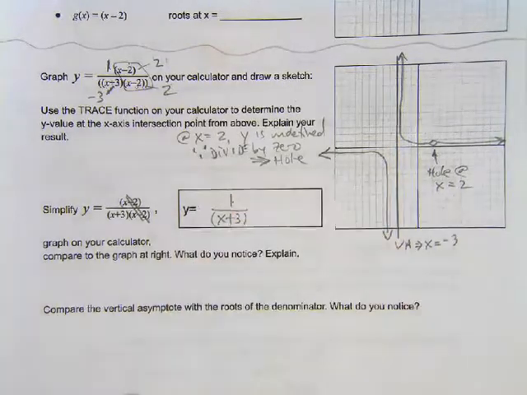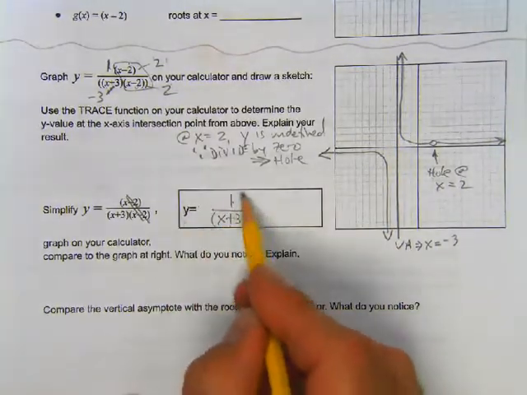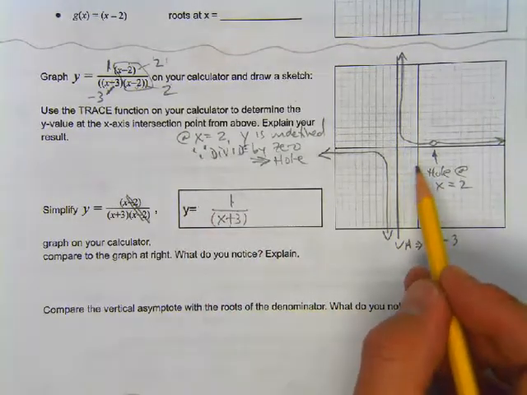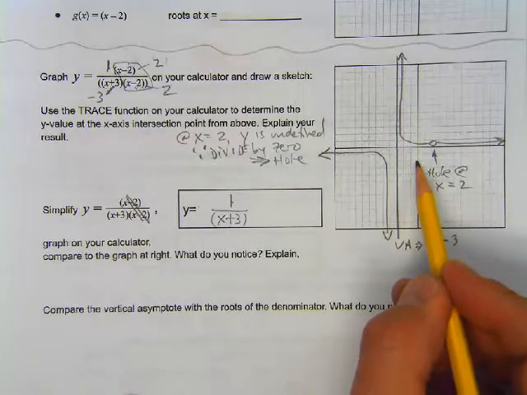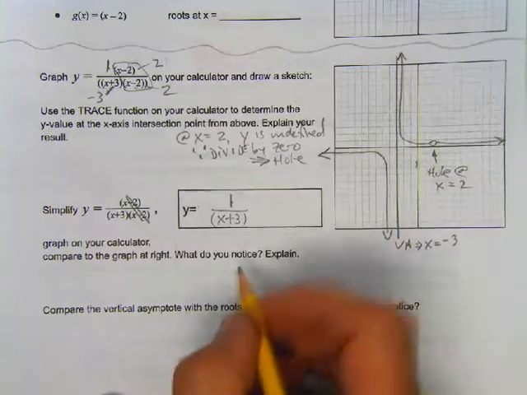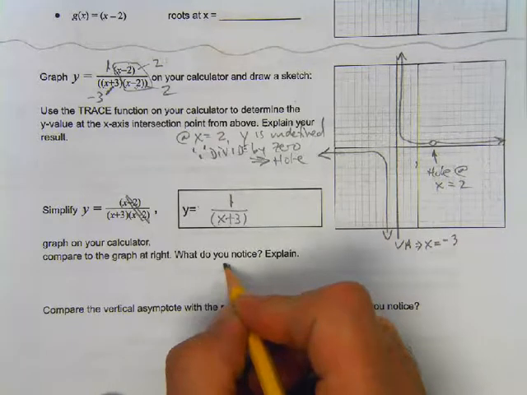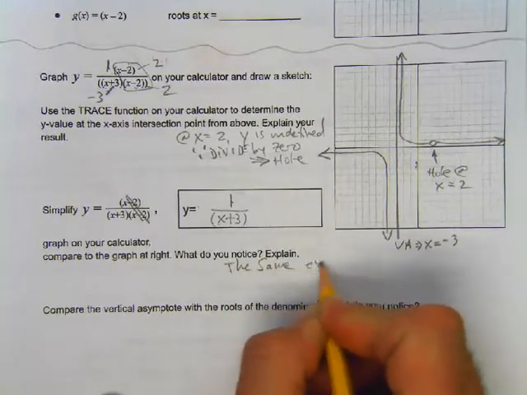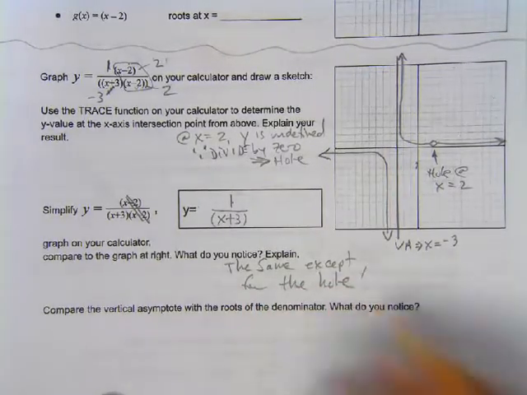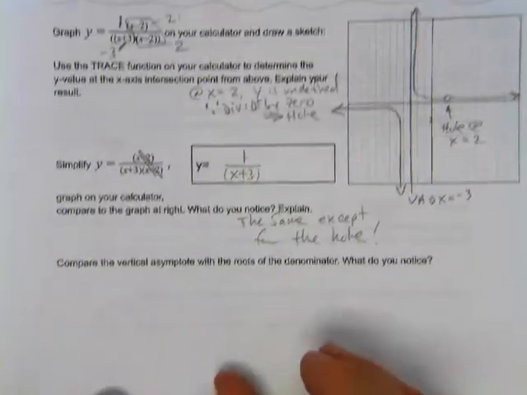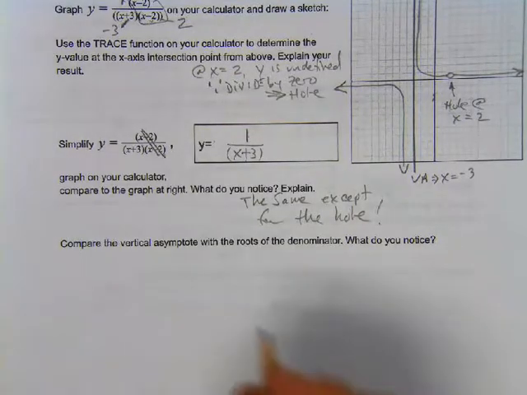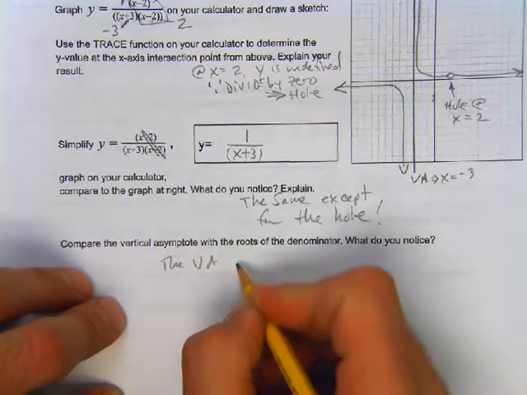If we simplify this function, the x minus 2 cancels, and so we're left with x plus 3 in the denominator. What's in the numerator? A 1. If we were to graph 1 over x plus 3, what do you think this would look like compared to the graph of the complete function? It would be the same except for the hole.